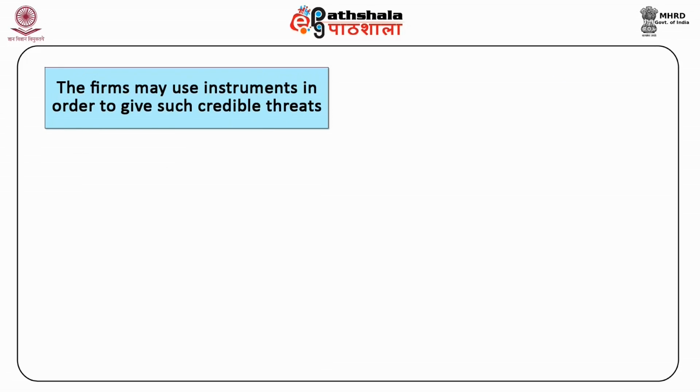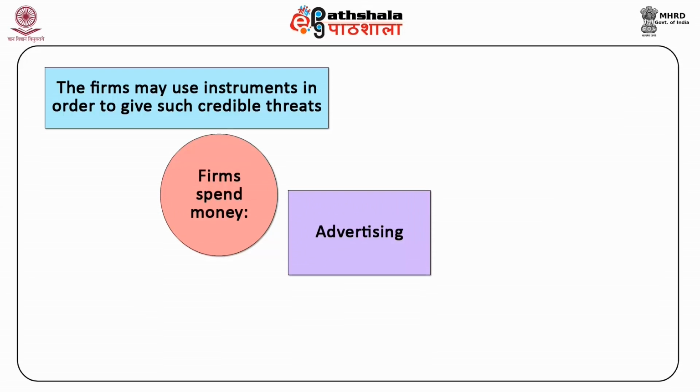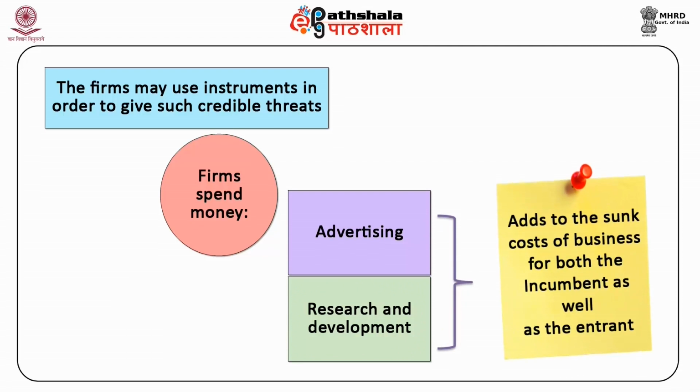The firms may use instruments in order to give such credible threats. For example, the firm may spend money on advertising or heavy investments in research and development that adds to the sunk costs of business for both the incumbent as well as entrant.